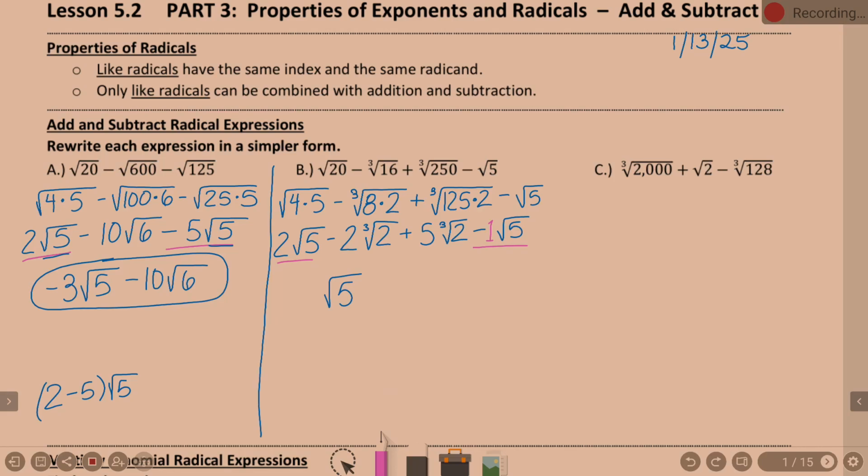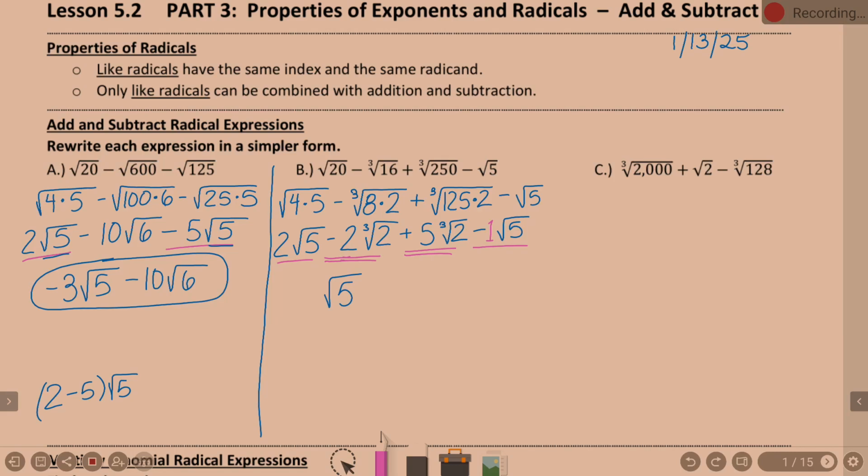Okay, and we already talked about the fact that these cube root 2's are going to go together, aren't they? Now, what do we have there? Check carefully.